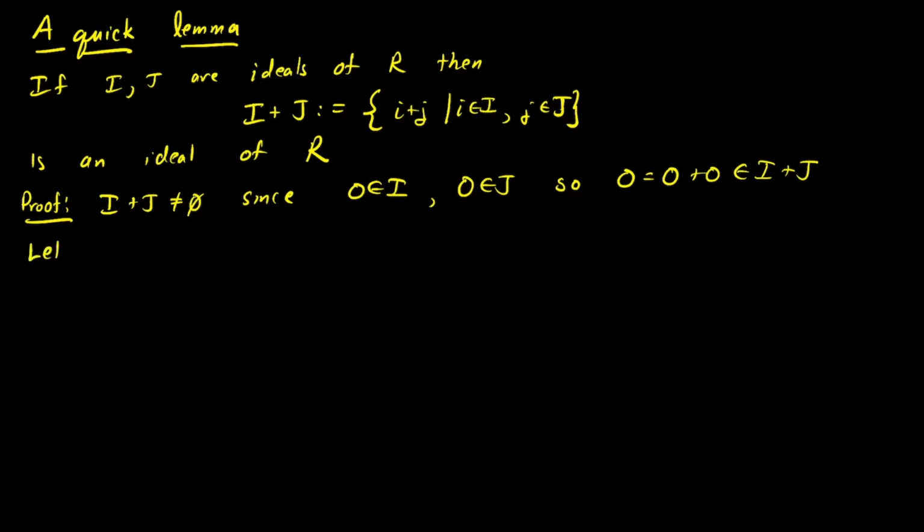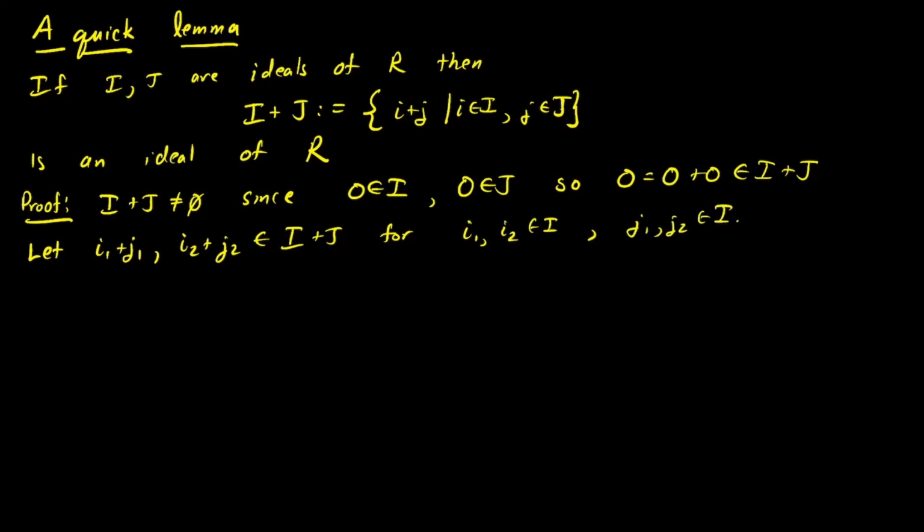So I'll say let i1 plus j1 and i2 plus j2 be elements of I plus J for some i1 and i2 in I, and j1 and j2 in J.